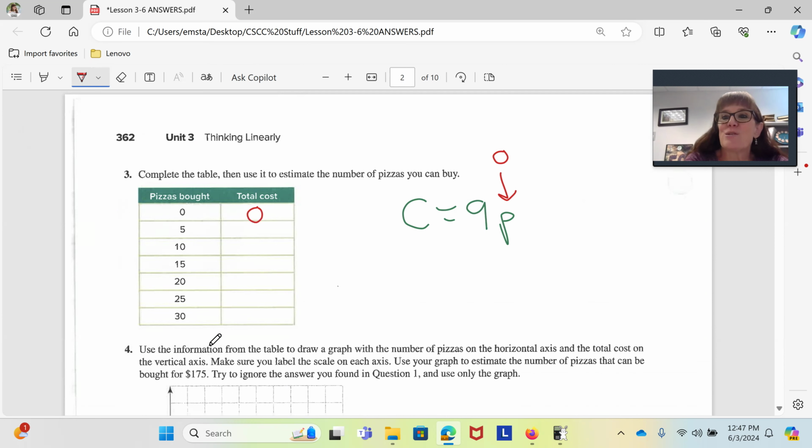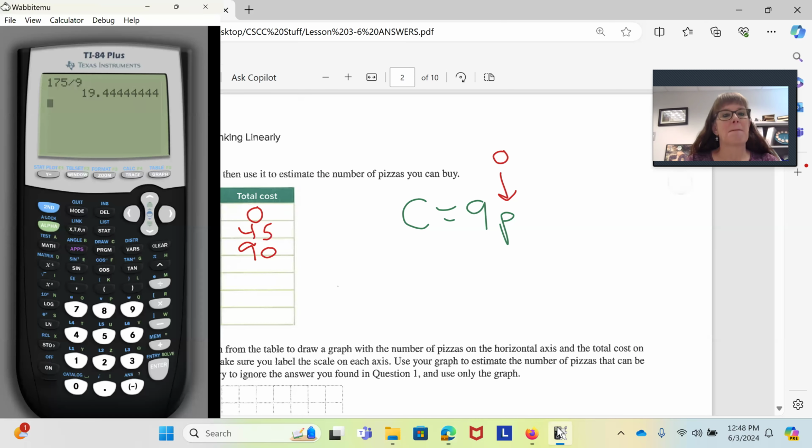I can use my calculator as much or as little as needed here. Next, do 9 times 5. 5 pizzas will cost us $45. 9 times 10 will cost us $90. 9 times 15 is where I need my calculator.